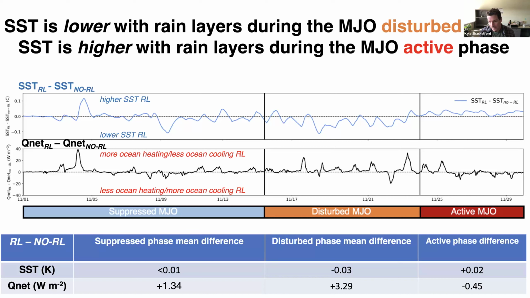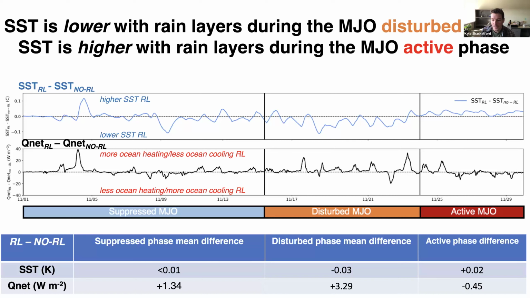So during this disturbed phase, you have reduced SST with rain layers, but you also have greater ocean heat uptake. So that greater ocean heat uptake during this period is not imprinting on SST. So it has to be going somewhere else, as we'll see shortly.